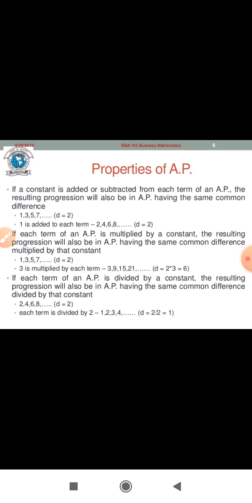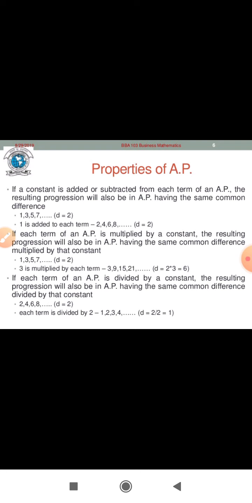If each term of an AP is multiplied by a constant, the resulting progression will also be in AP. 1, 3, 5, 7: here the common difference is 2. If this is multiplied by 3, the series becomes 3, 9, 15, 21, and here the common difference will be 6. So the series will again be an arithmetic progression.